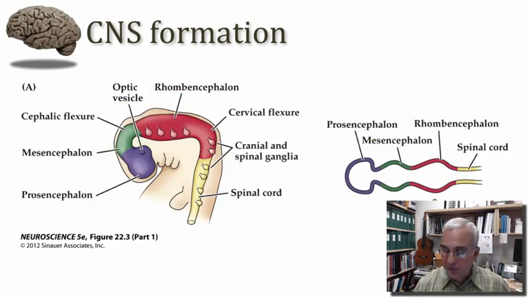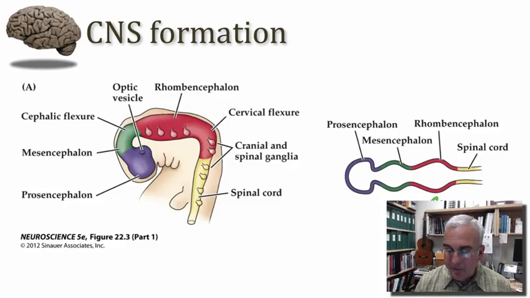So just behind the prosencephalon, we have the middle of these 3 swellings, and we call that the mesencephalon, which means middle brain. So this middle brain will go on to form what we call the midbrain. And then lastly, the third of these swellings, just caudal or towards the tail, behind the mesencephalon, is called the rhombencephalon.